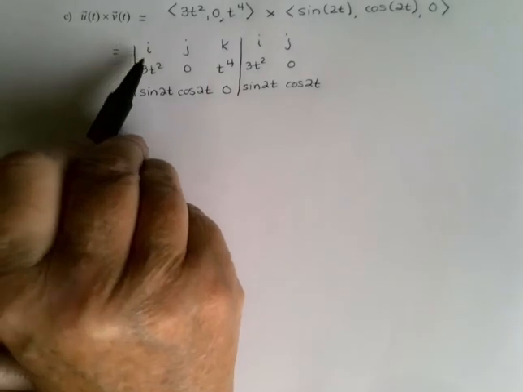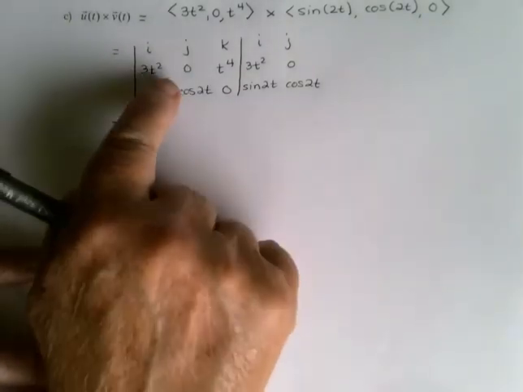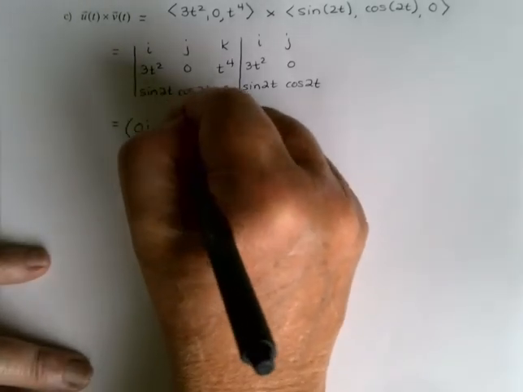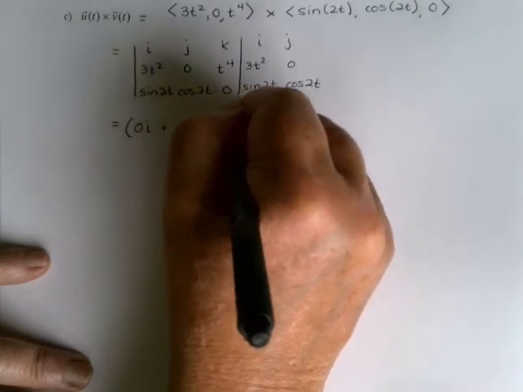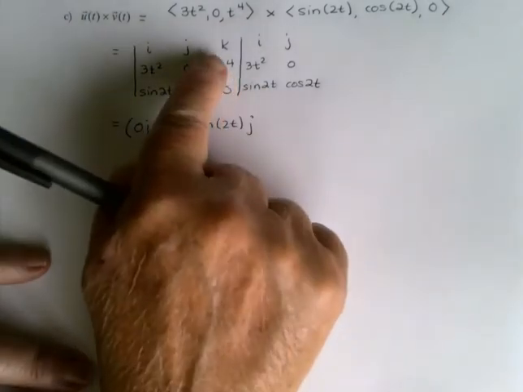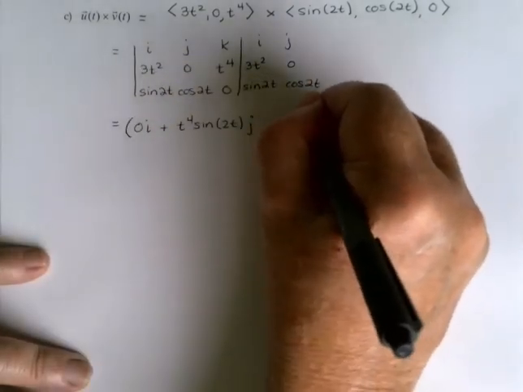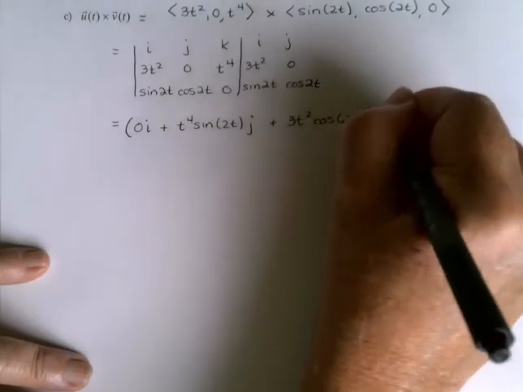And let's see. I'm going to get 0i plus t to the fourth sine 2t j plus 3t squared cos 2t k.